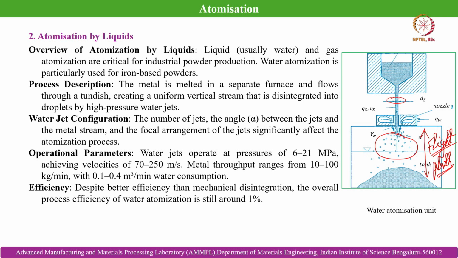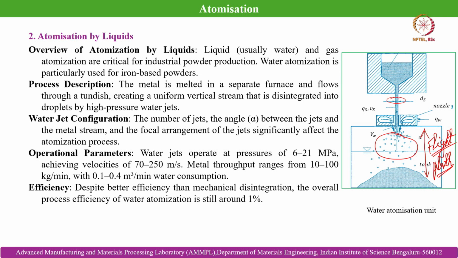So, generally water is used and gas also is used. These two atomization techniques are crucial for industrial powder production, because they are largely responsible for all the powders which are generally used by downstream powder metallurgy based techniques. And also, of course, for additive manufacturing, there is a variant called plasma atomization. So, we will talk about that as well.